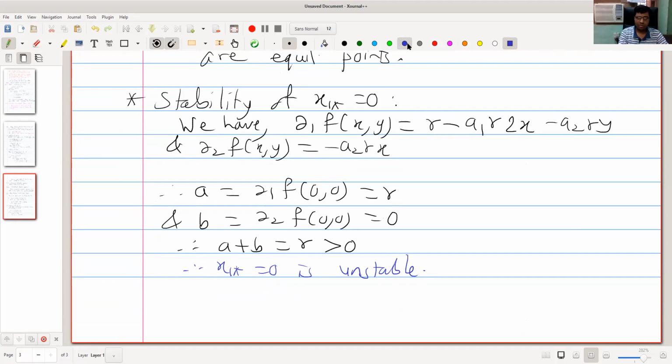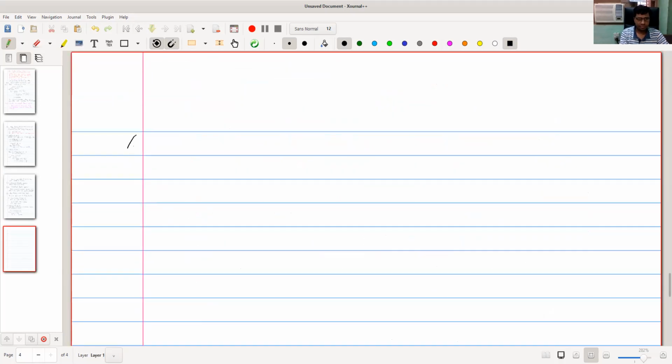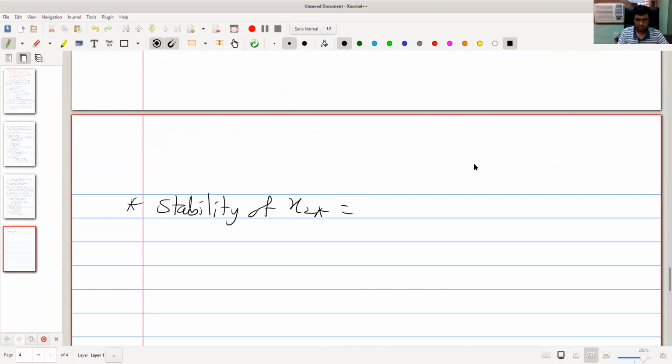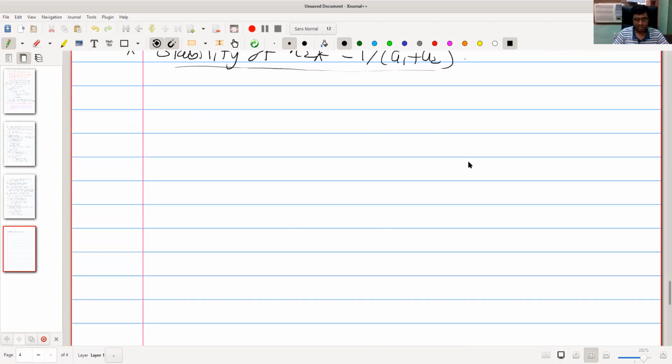Now, stability of x2 star. X2 star is given by 1 upon a1 plus a2. Now we find the values of a and b in this case.